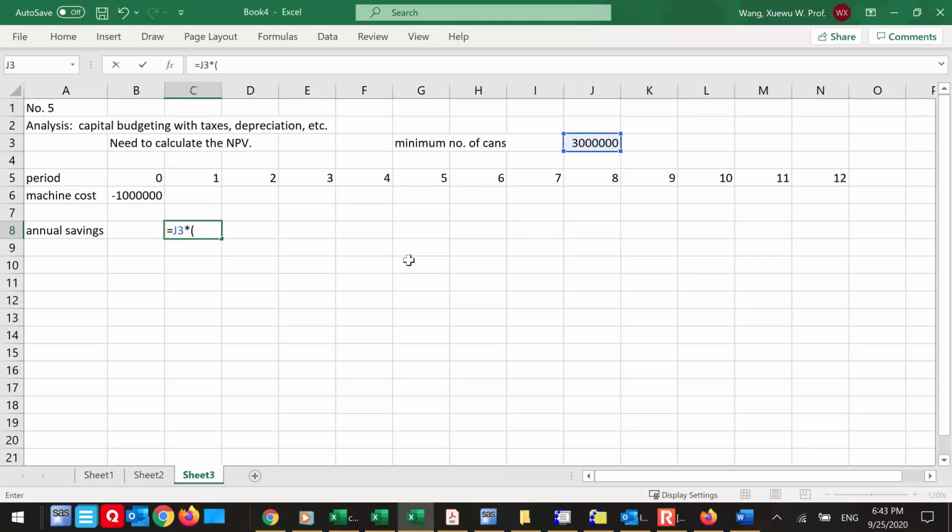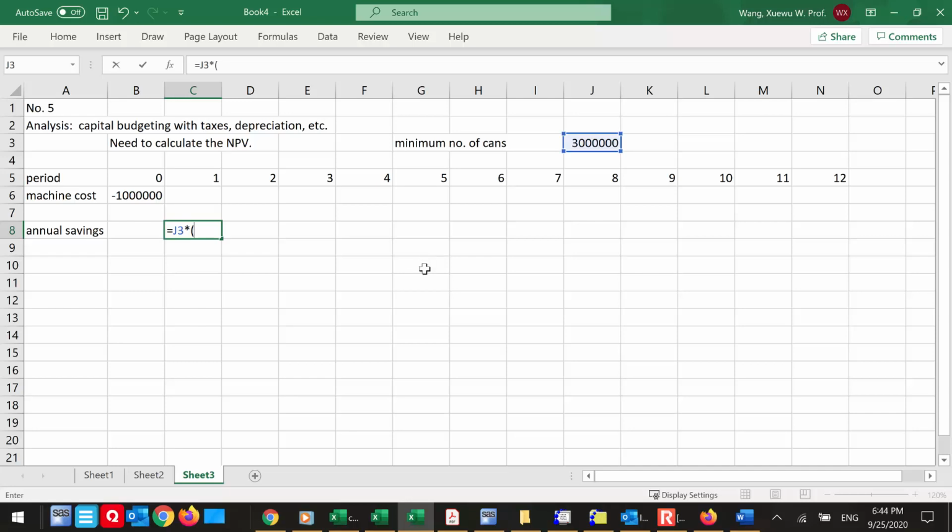If you buy the cans, it's going to cost you 20 cents per can, but you also have the transportation cost, which is 1,000 for 10,000 cans. That's like 10 cents per can. So the total cost of outside supplying is 30 cents per can. If you produce your own can, you're going to spend 17 cents per can.